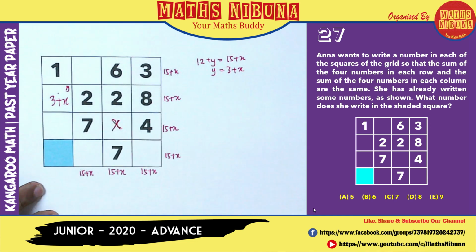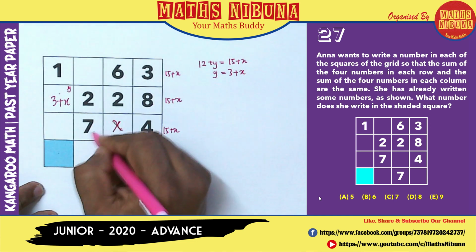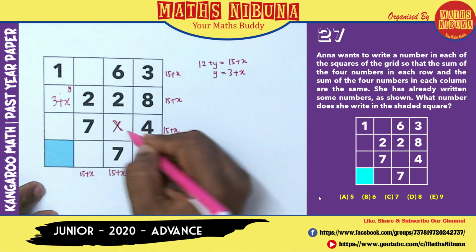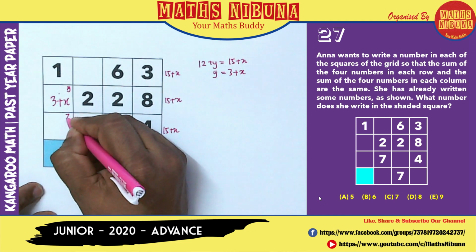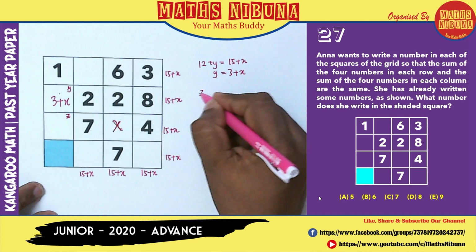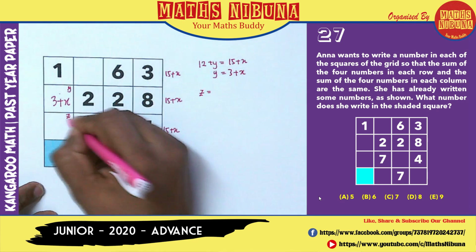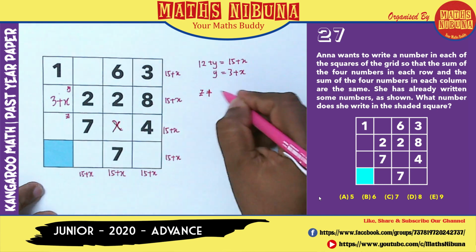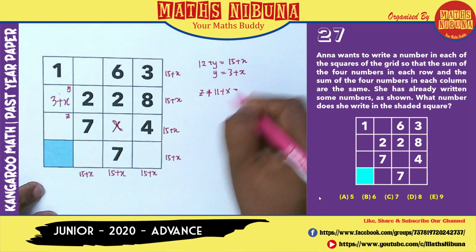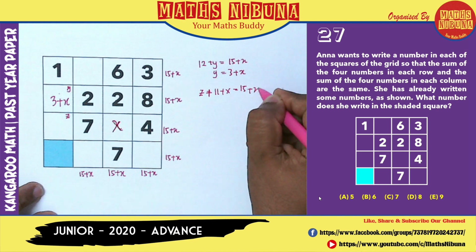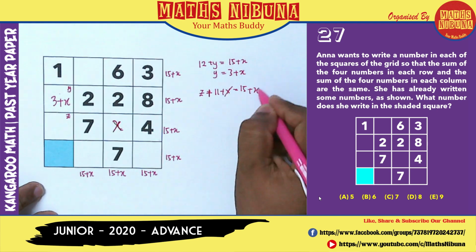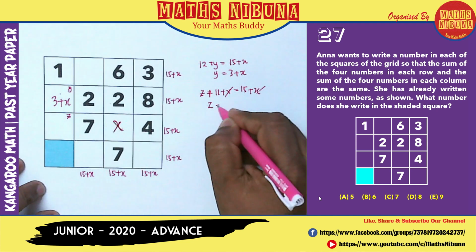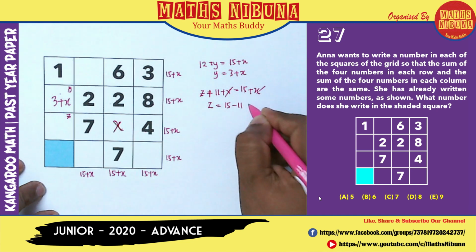Now we look at this column with 7 and x. Let's say this is z. z plus 7 plus 4 is 11, plus x equals 15 plus x. x and x cancel, so z is 15 minus 11, which is 4.